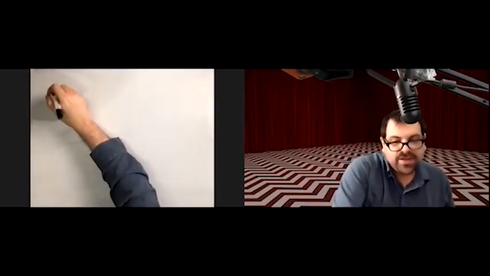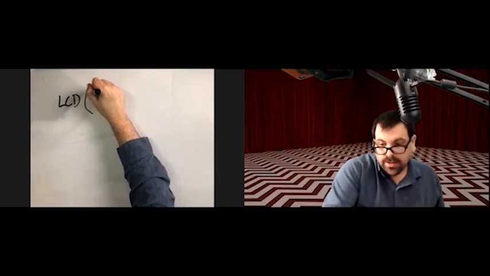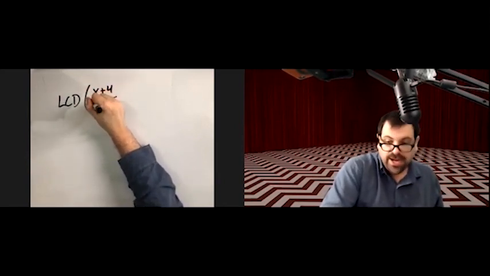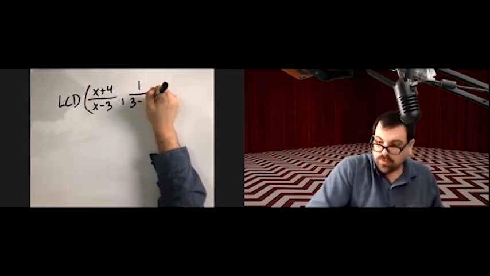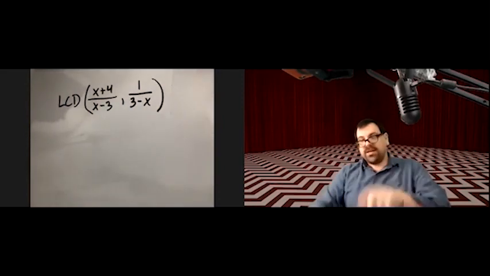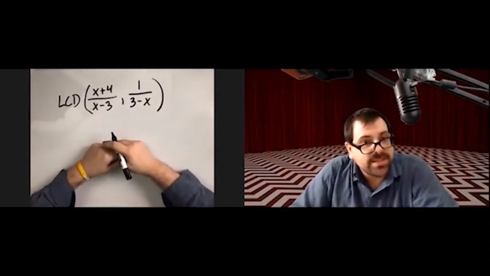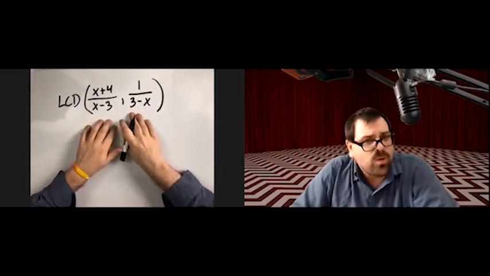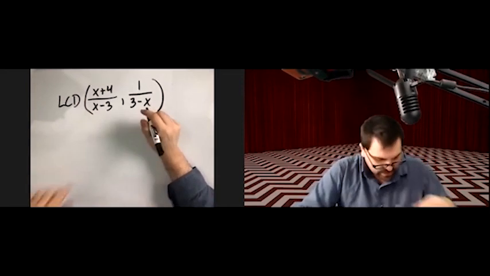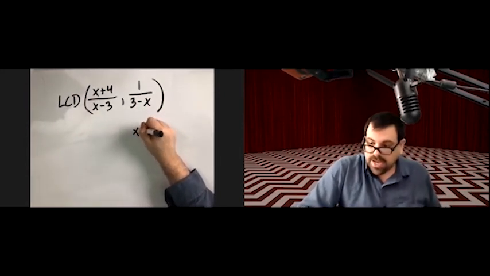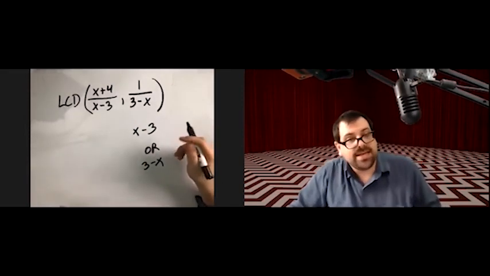If we were asked to find the LCD, least common denominator, of x plus 4 over x minus 3 and 1 over 3 minus x, since these are swapped, x minus 3 and 3 minus x, since they're opposites, since we use that negative 1 trick when we're simplifying these, we can choose either x minus 3 or 3 minus x as the LCD.